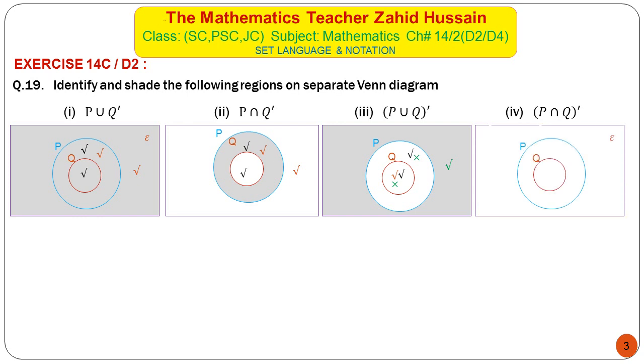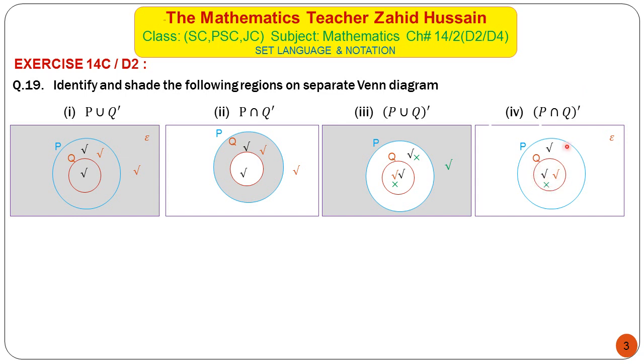P intersection Q, whole complement. Same, decide the regions. For set P, these two. Set Q is this. Now it is P intersection Q. What is P intersection Q? P intersection Q is this region, and its complement. You are asked to shade the complement of P intersection Q. So it means we will not shade this region.